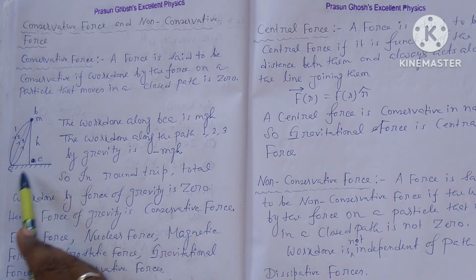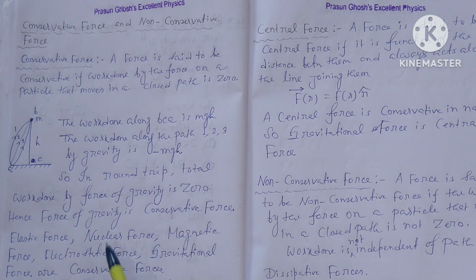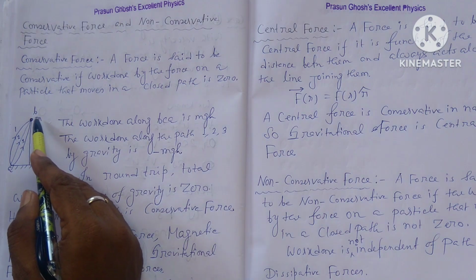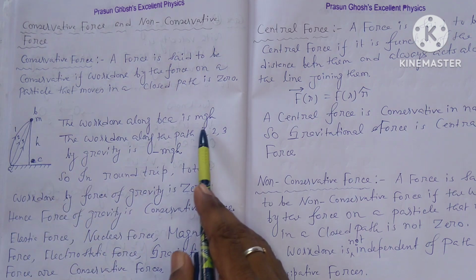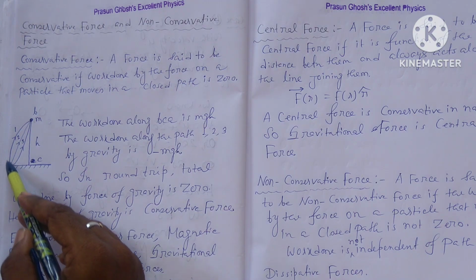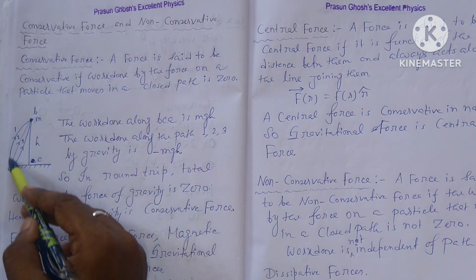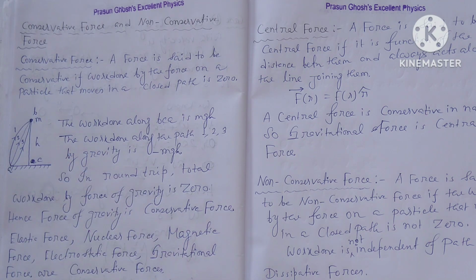The work done along BCA we can write as mgh, and the work done along the return path, path 1 or path 2 or path 3, is minus mgh.